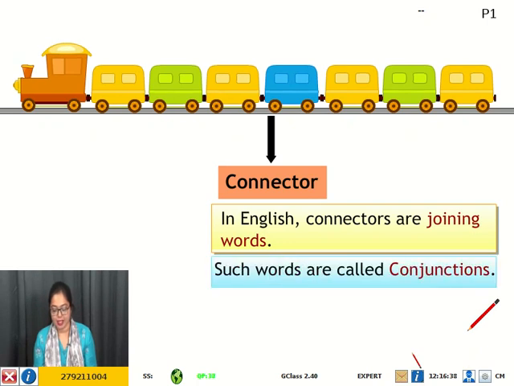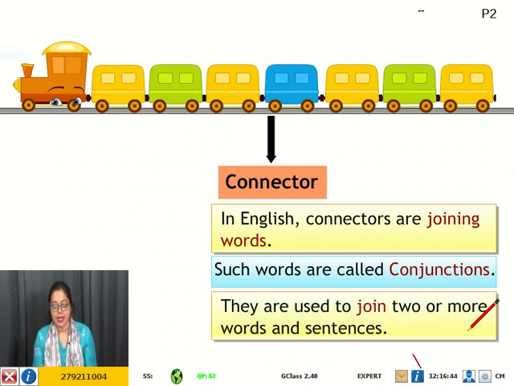Next you see, such words are called conjunctions. They are used to join two or more words and sentences. So what are they used to do? They are used to join two or more words in a sentence. I'll repeat this once again so that you can get an idea of what is a connector or a conjunction.